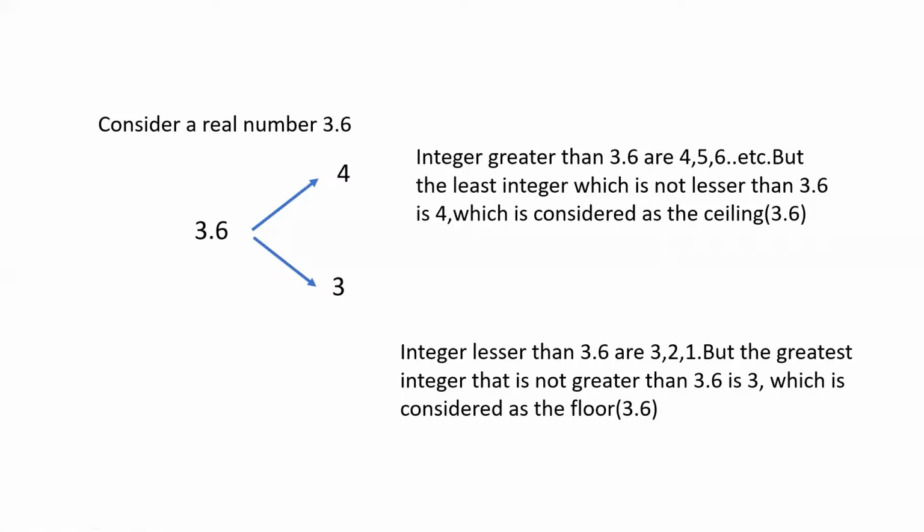The greatest integer that is not greater than 3.6. So 3 is not greater than 3.6, and among these numbers, 3 is considered as the floor of 3.6. I will show you the notation for the mathematical function. If you are finding the floor of 3.6, the answer will be 3. I'll show you the definition in the next slide.